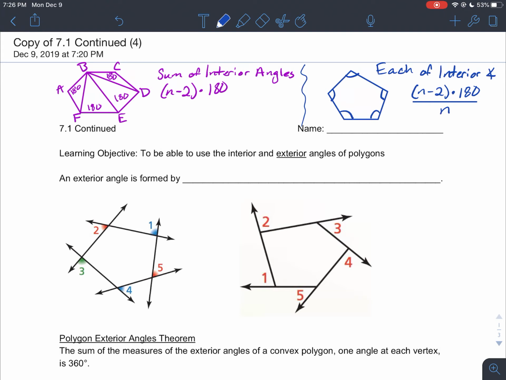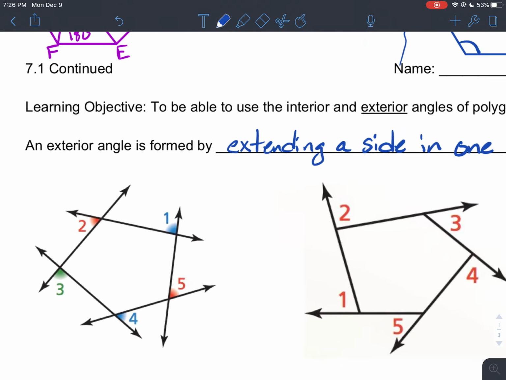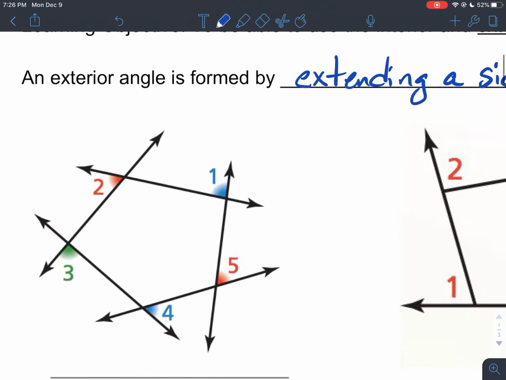Okay, an exterior angle is formed by extending a side in one direction. So if you look at the picture on the left, we can extend sides in both directions, but when you do that, you end up creating a whole bunch of angles there.